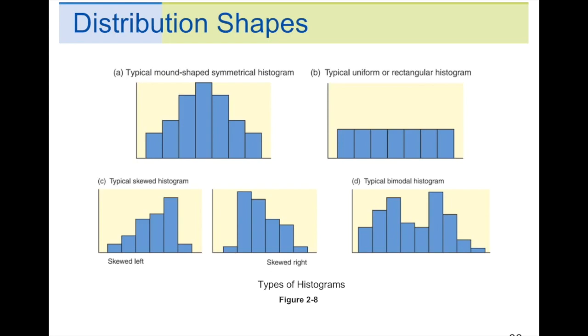The skewed to the left, so you've got a lot of data on the right and it goes down as you go to the left, so it makes a tail. And skewed right is just the opposite. A lot of data on the left, and then it goes down towards the right, making a tail. Bimodal, got a lot of data in two spots, but less in the middle or the sides.